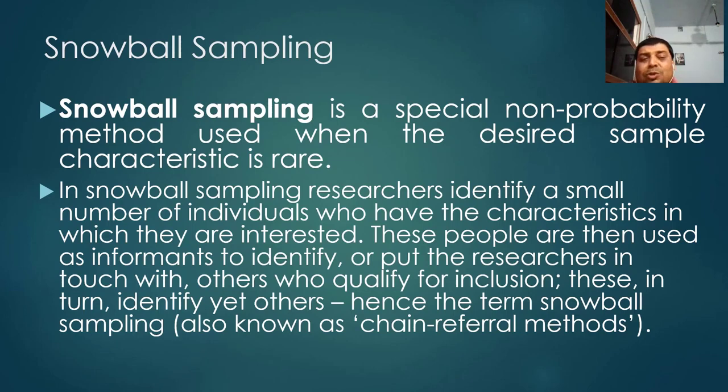So what does snowball sampling do? Suppose somehow we came to know one or two, then these one or two will recommend a further two or three whom they know because they belong to that particular niche or small circle, and I will keep on going and identifying a small number of individuals till I reach the saturation level which I really want in my sample. Saturation level means the number of people which I really need in my study. So this is snowball sampling.